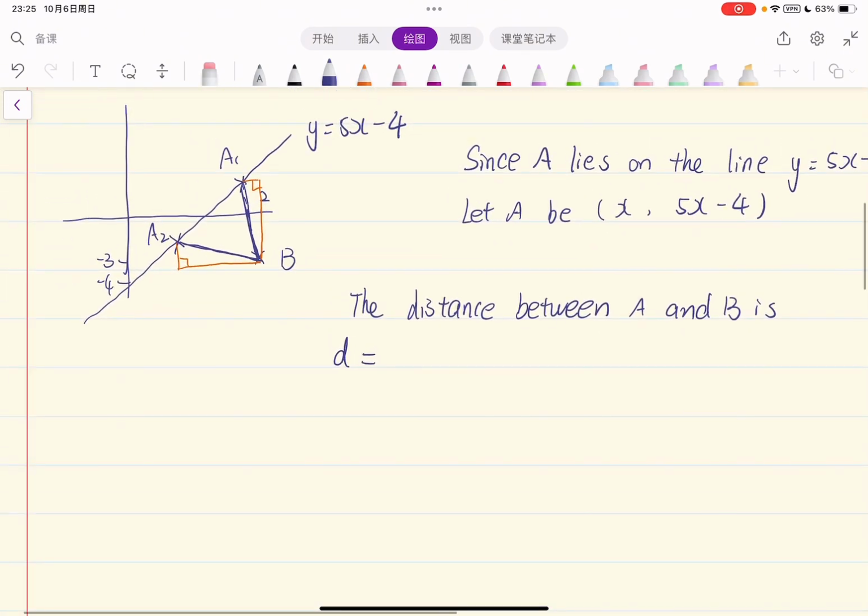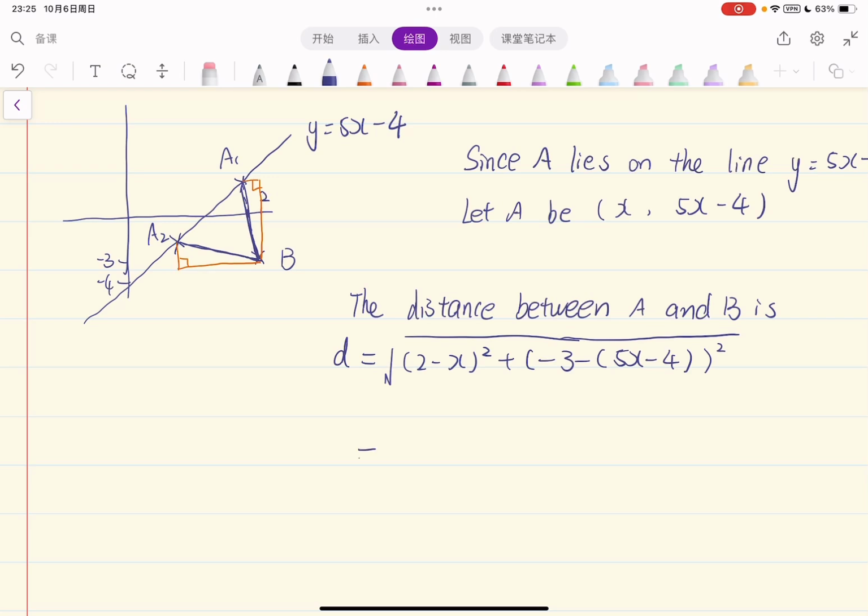Then we substitute the coordinates of A and B into the formula. We have square root of 2 minus x square of that plus minus 3 minus 5x minus 4 and square of that.